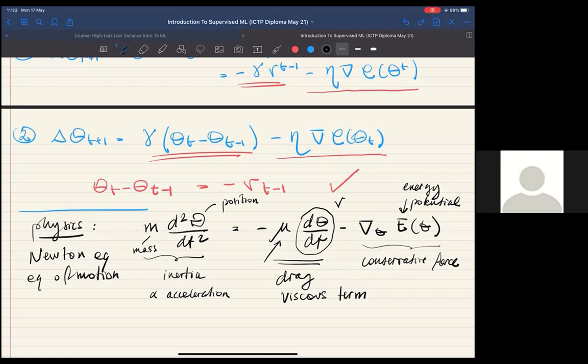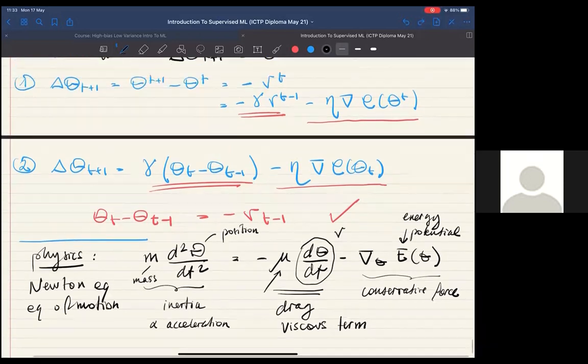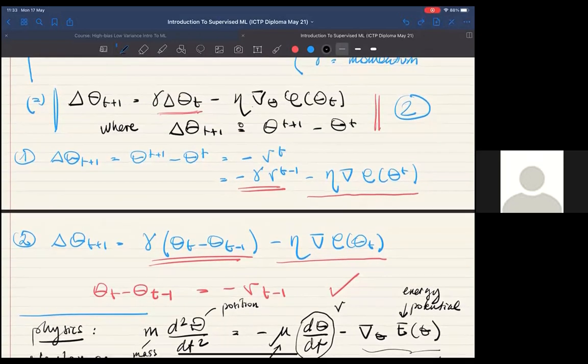All right. And I claim that this equation of motion is the continuous version of this discrete equation of motion of this gradient descent with momentum. But you see, gradient descent is an algorithm. You have discrete steps. You iterate in discrete steps.